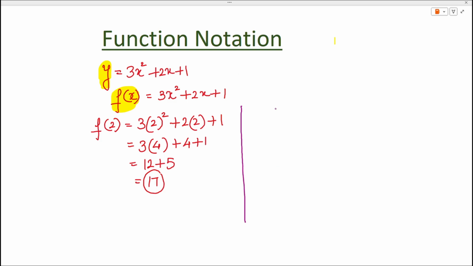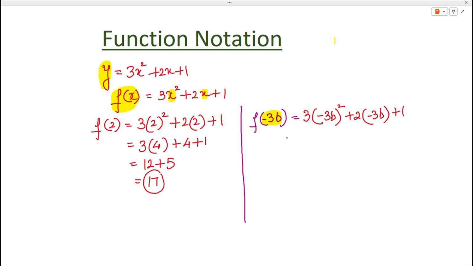Now, if we are asked to find f of negative 3b, then wherever there is x in the equation of f of x, we will replace that x by negative 3b. So our function now turns to 3 times negative 3b squared plus 2 times negative 3b plus 1.